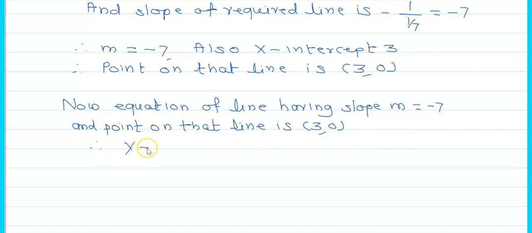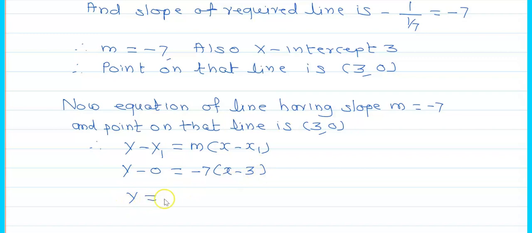Therefore its equation is y minus y1 equals m in bracket x minus x1. Now substitute the values. m is minus 7, x1 is 3 and y1 is 0. Therefore y minus 0 equals m, which is minus 7, in bracket x minus 3.